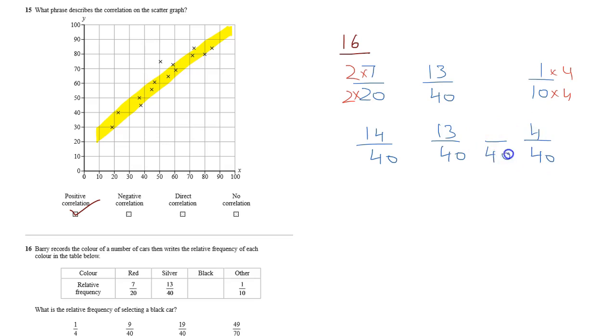So this must be 40. Now 14 plus 13 plus 4 is 31, and total we have 40, so minus 40, the remaining number is 9. Now if you add 14 plus 13 plus 9 plus 4, you will get 40. So the answer is 9/40.